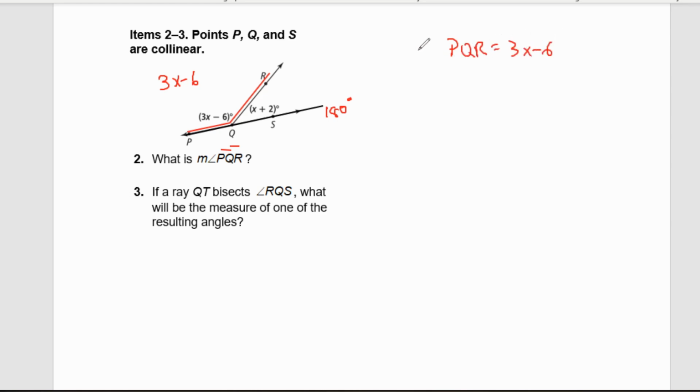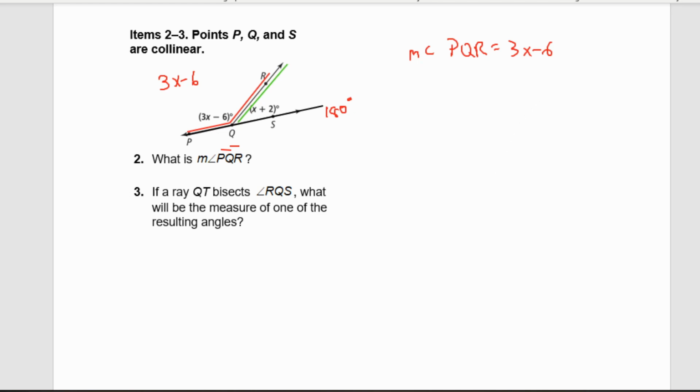Because what it looks like I'm going to be doing is solving for x in this problem so that I can substitute it in and get an actual measurement for it. And to do that, I need to look at what's going on in this problem. Well, I have ray QR here that is cutting through PQS.